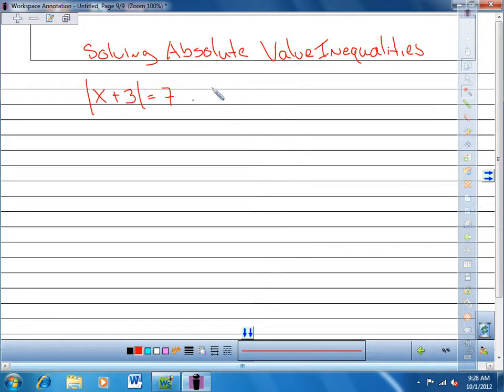In one part, you say x plus 3 equals 7. And the other part, you say x plus 3 equals negative 7. Okay? And then you would subtract 3 from both sides. Okay? And you get x equals 4.